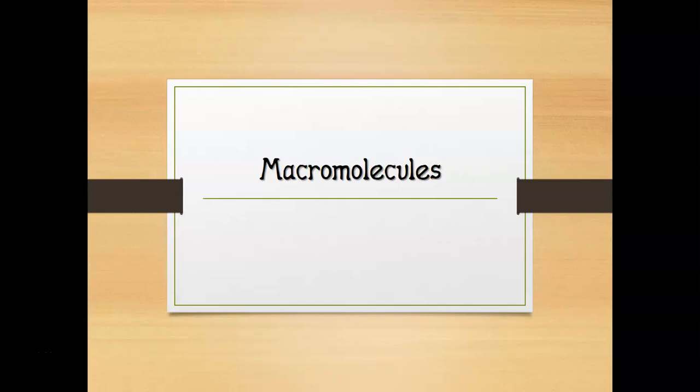Alright, ladies and gents, we're going to start our topic of macromolecules today. So, let's break this word apart for a second. While molecule, hopefully you know, is some sort of building block for a compound, two or more atoms joined together. Macro, we're talking big. So we're talking these really large molecules.